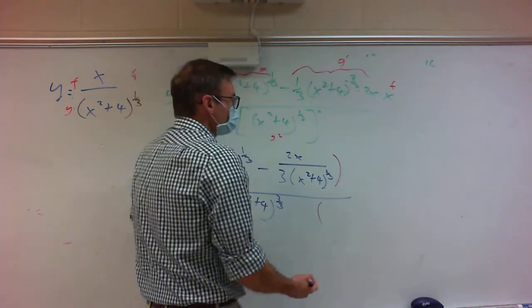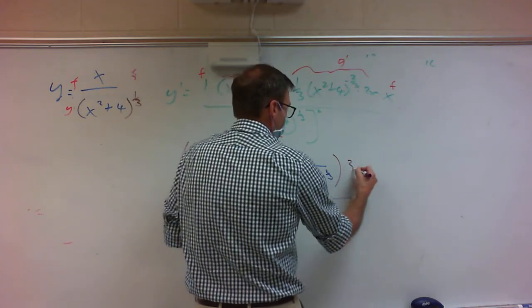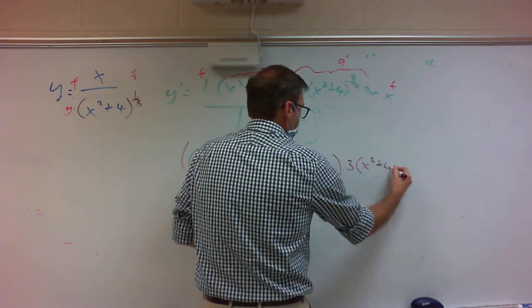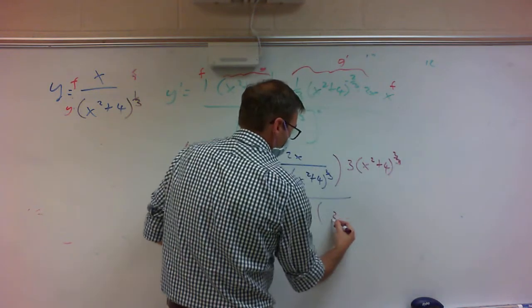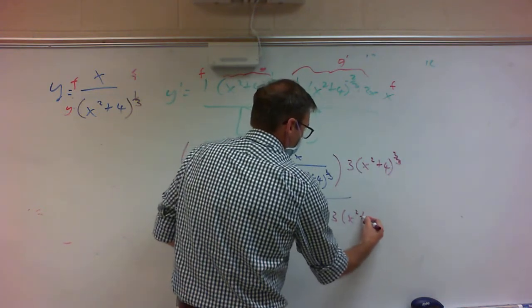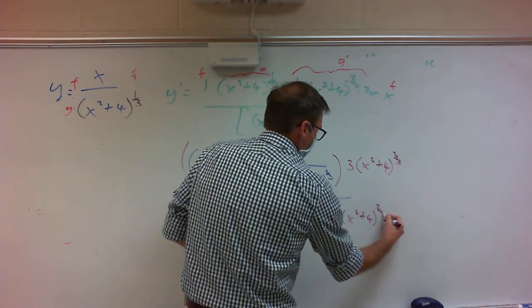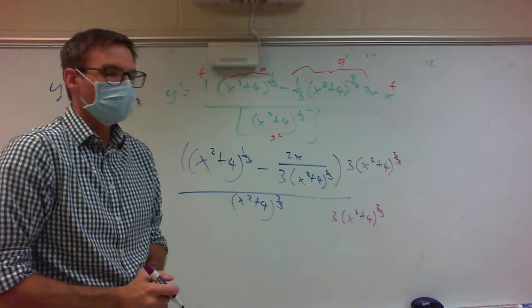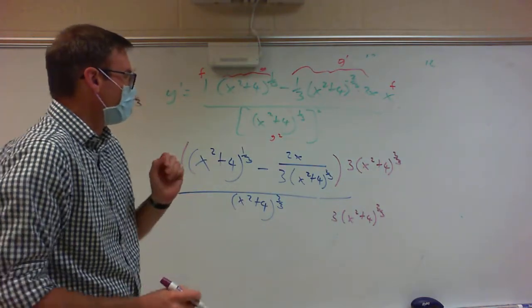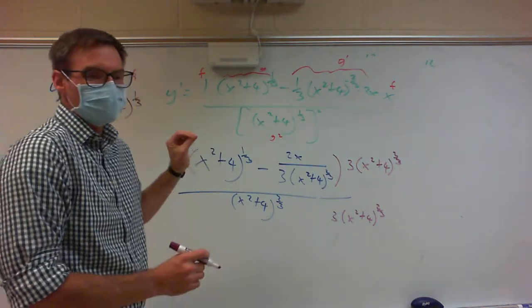And so what I'm going to do is multiply top and bottom by 3 times x squared plus 4 to the 2/3, and something very nice happens very quickly.